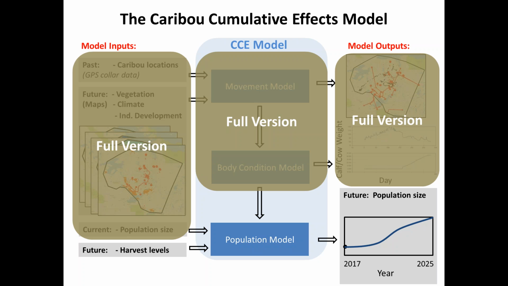However, we've also developed a second version of an interface on the same model, which is the one I'm outlining here, and its purpose is really to make it much simpler to game with key management decisions on the landscape. Here we focus in the simplified version on projecting changes in population in response to varying assumptions regarding future caribou harvest. And I'll demonstrate the link between those models in a minute.